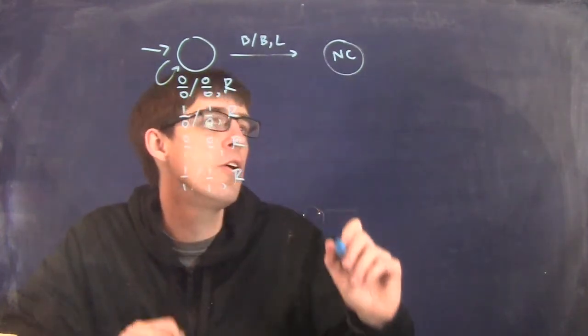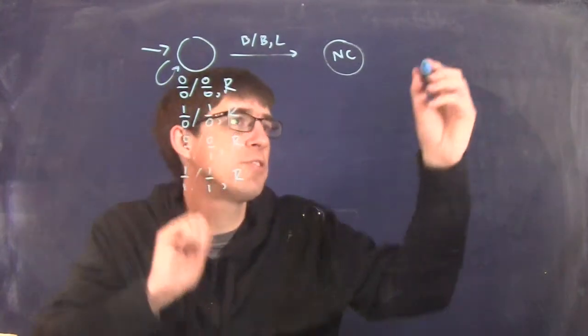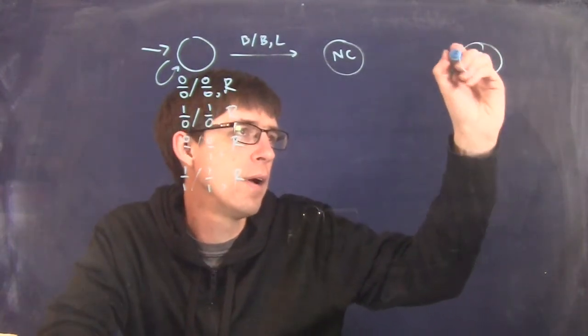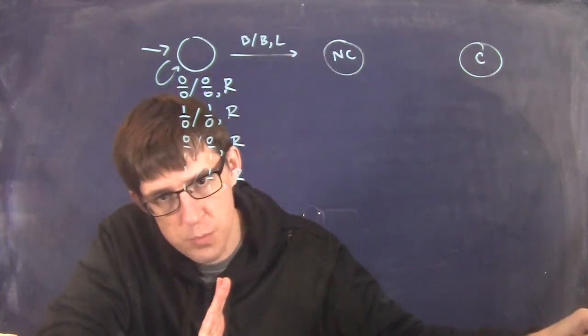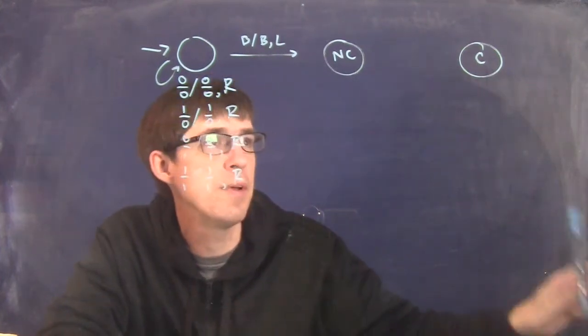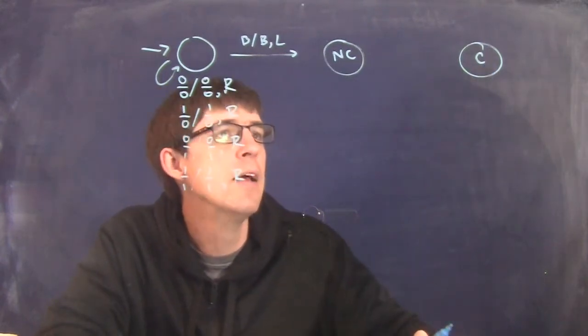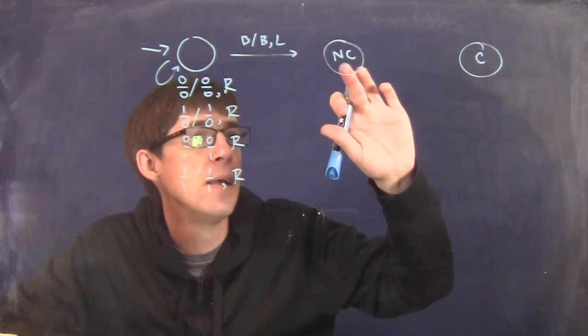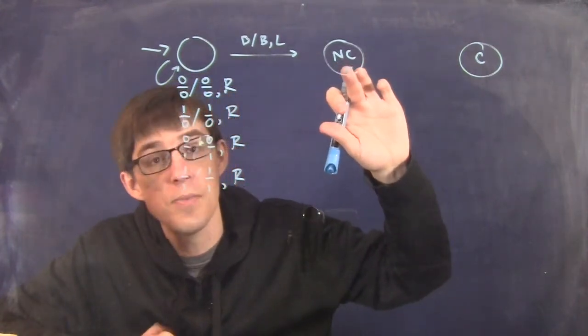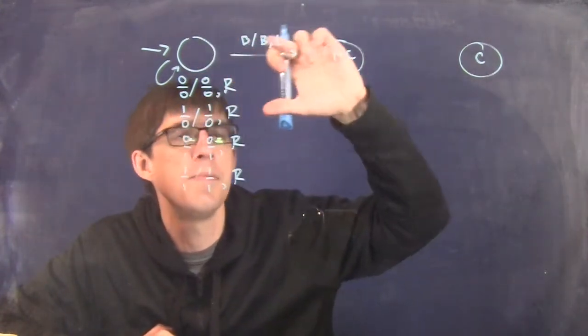And I'll also write a C. That's the carry state. Some types of operations will cause there to be a carry in the next step, and when that happens, you have to go over to the carry state. So I just need to fill in my 4 different possible stacks, right? Here, all 4 stacks just did the same thing to get to a blank.